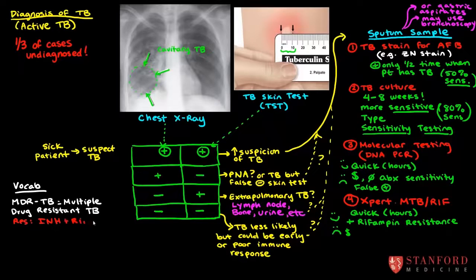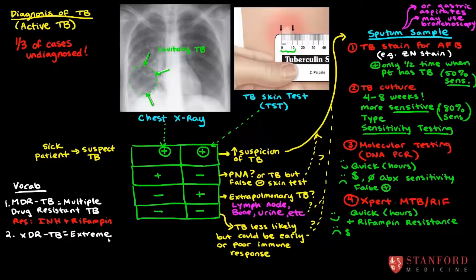Another term that is important to recognize with regards to TB diagnosis in sensitivity testing is XDR-TB. The X stands for extreme drug resistance, the DR drug resistance TB. And these are strains that are becoming more common, especially in the developing world.